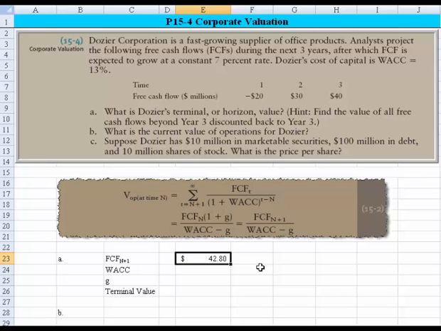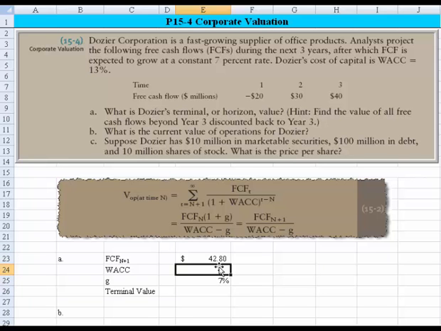We know in the third period, right to the left of my mouse, that we had expected free cash flow of $40 million. Now I hit the F2 key, and it says we need to take 40 times 1 plus whatever the growth rate is. In the problem, the growth rate is given.